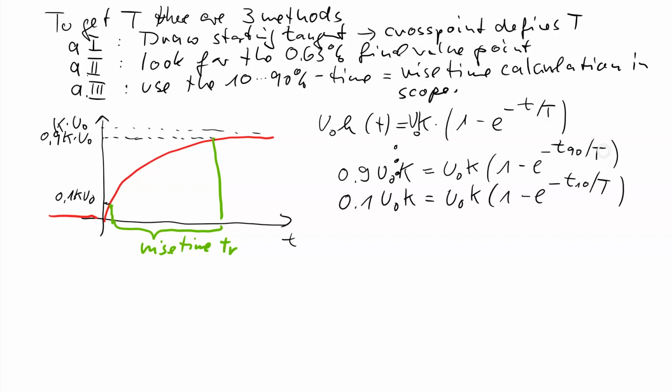K is the unknown, T is the unknown. You can solve this. And then you get the solution.